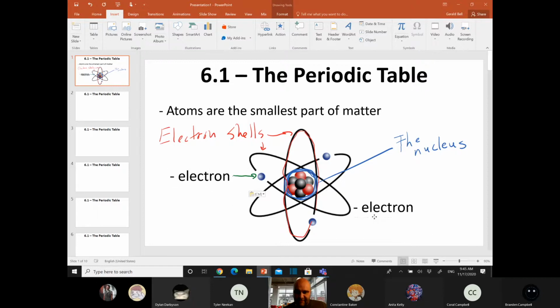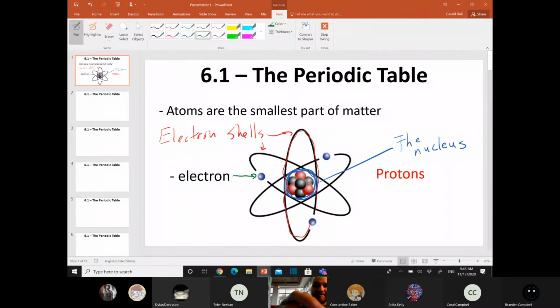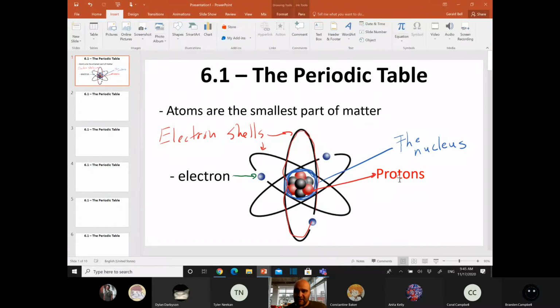Now we also have a couple of particles inside of the nucleus. Now, my best guess for this one, and I'll do it in red here, is the red ones are the protons. The protons, we'll put those in red. Protons. And we also have neutrons there as well.